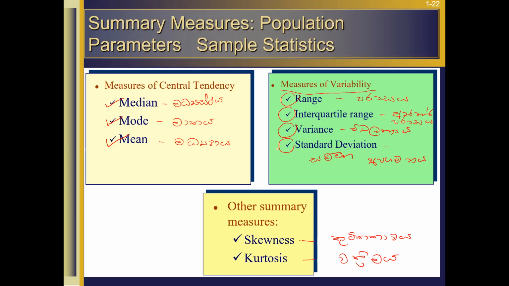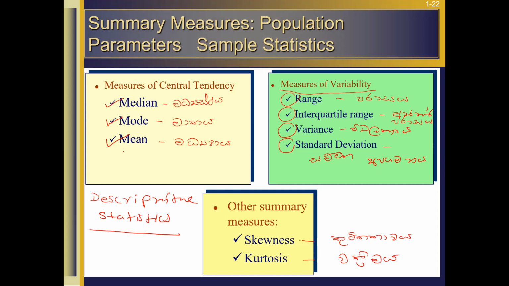Right? So what I want to say is these three parts, measures of central tendency, measures of variability, and skewness and kurtosis, all belong to one main part of statistics, the descriptive part. At the beginning, I told you there are two parts in statistics: descriptive statistics and inferential statistics.